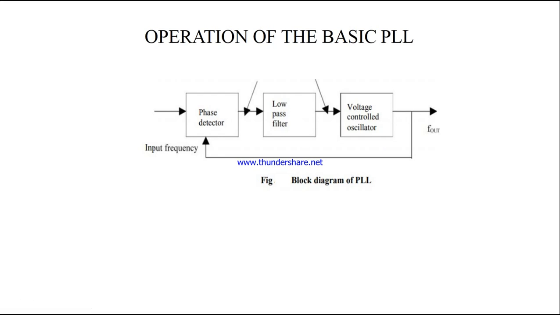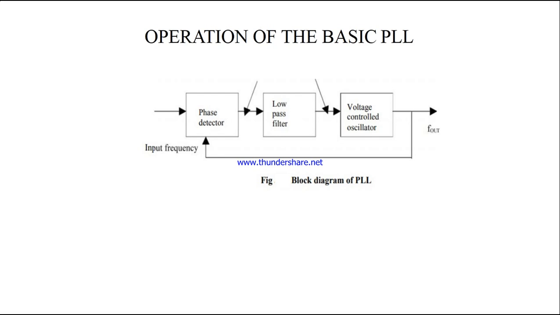If an input signal Vs of frequency Fs is applied to the PLL, the phase detector compares the frequency and phase of the incoming signal to that of the output V0 of the VCO. If the two signals differ in frequency or phase, an error voltage Ve is generated.